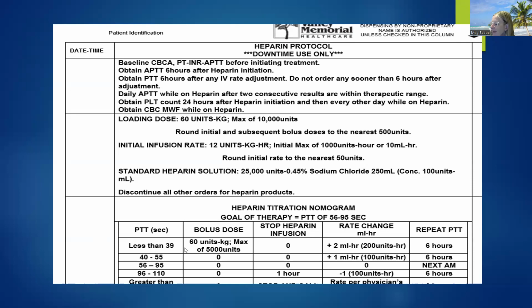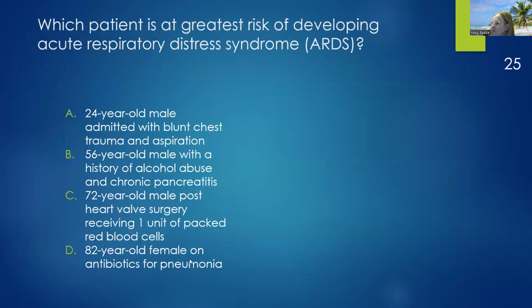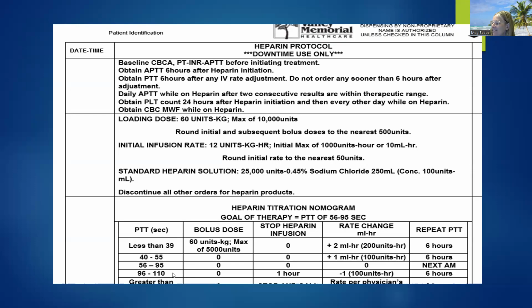To get it in this therapeutic range, we want to make sure that we are getting a range between 56 and 95. Once you get it to 56 to 95, you're not going to be changing the rate at all according to their standards.